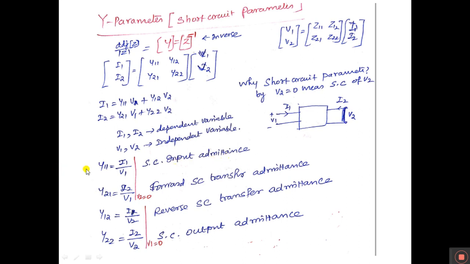Input admittance Y11, output admittance Y22, and Y21 is called the forward short circuit transfer admittance. Y12 is called the reverse short circuit transfer admittance. So if a problem is given, you need to find the parameters depending upon the given question.